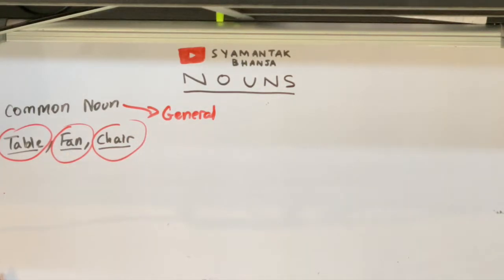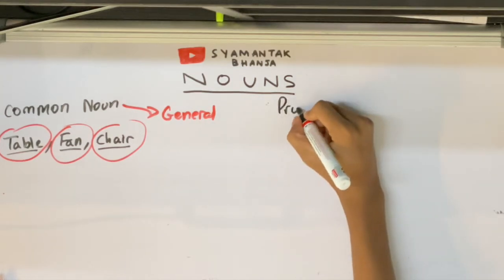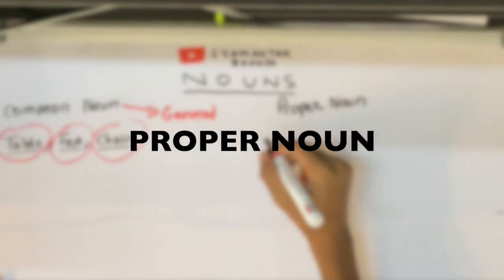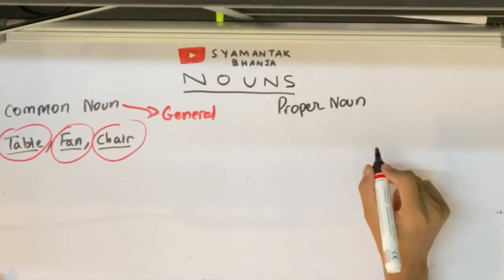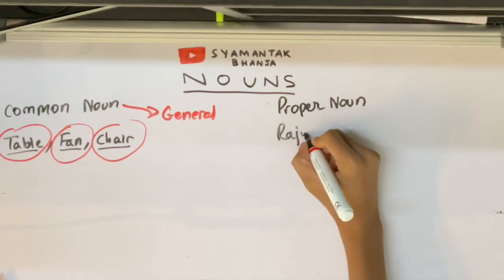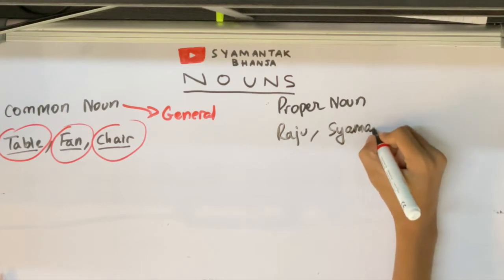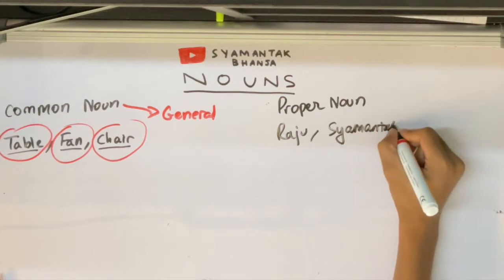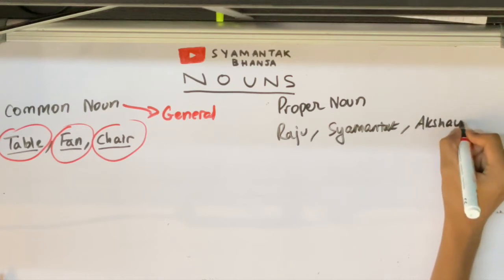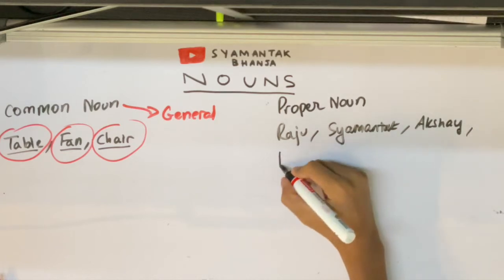Now you have an absolute contrast of this, and that is proper noun. Proper nouns are specific. They have names. For example, Raju, my name Syamantak, Akshay. So these are names of people. You have also places as well.